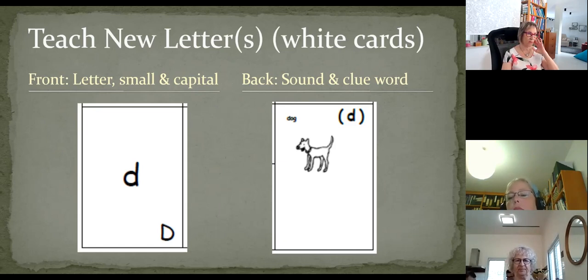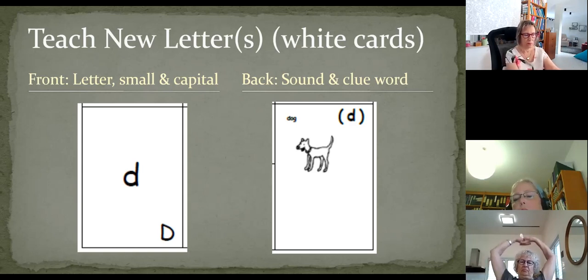And what we expect the student to be able to do is look at the front of the card, look at the letter, and say out loud, and this is what we teach them, the sound, duh, duh. And a clue word that, ideally the student chooses the clue word and draws the picture himself, but under these conditions, I think you're gonna have to choose something and draw it.